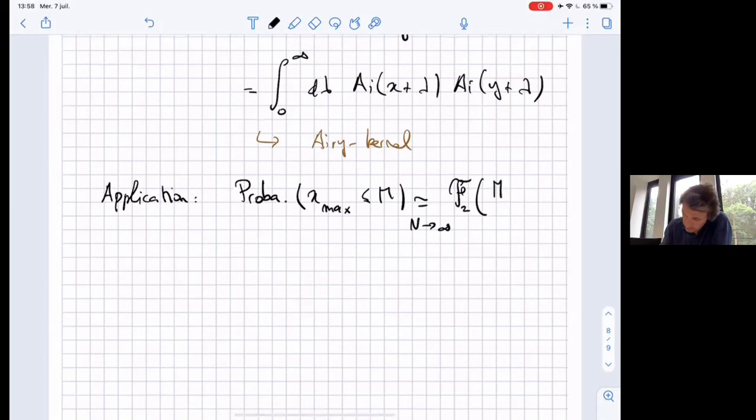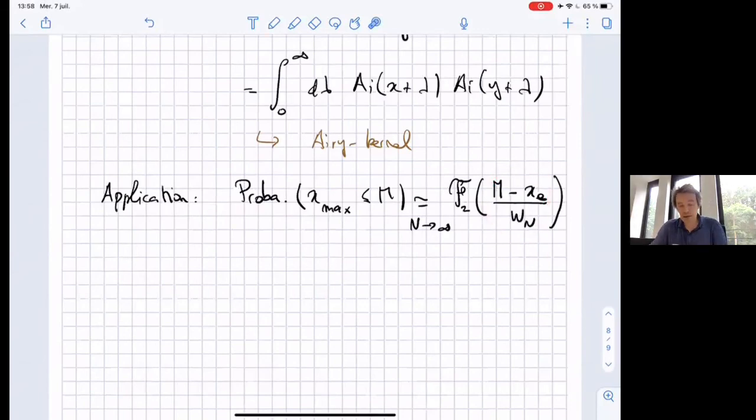This is a function of the following argument, (m minus x edge) divided by w_n. And this is the only reasonable variable that you can think of at the edge.